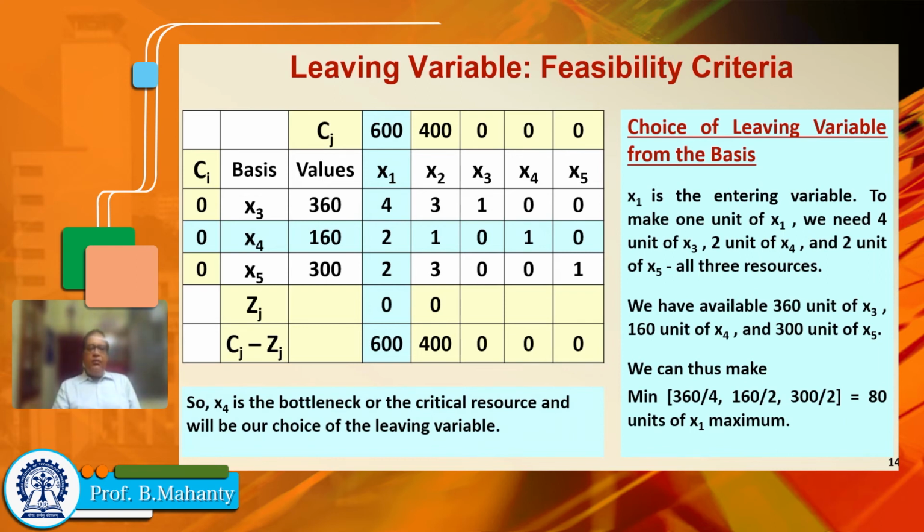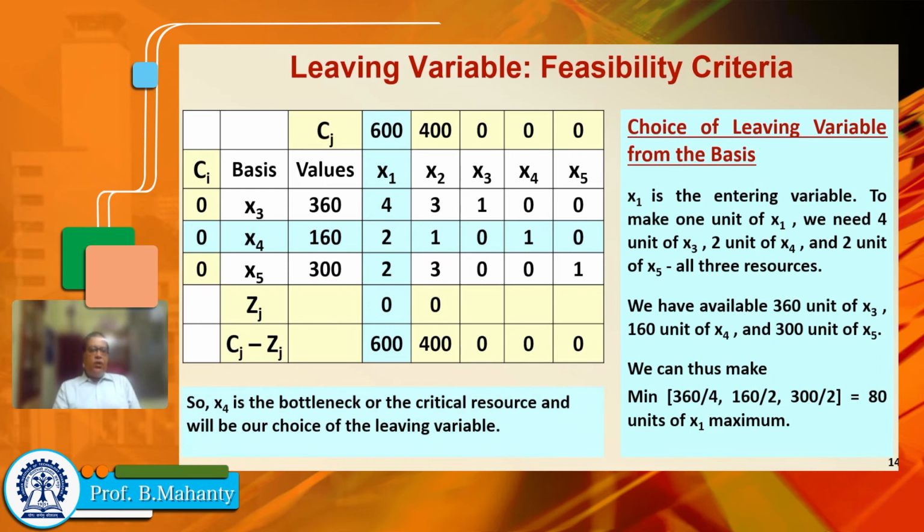We found out the leaving variable x4, and we found the intersecting element, which we are calling the pivot. So what we are doing, we are dividing this pivot by this entire column so that we try to transform this 422 to 010. Is it not?